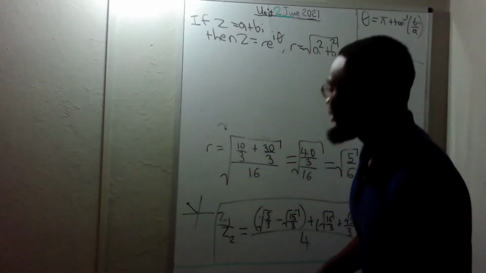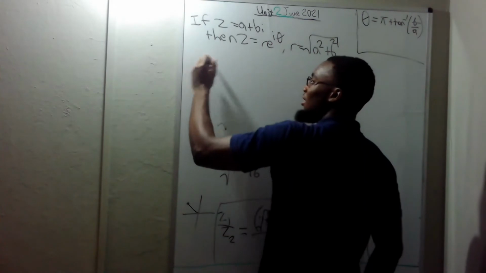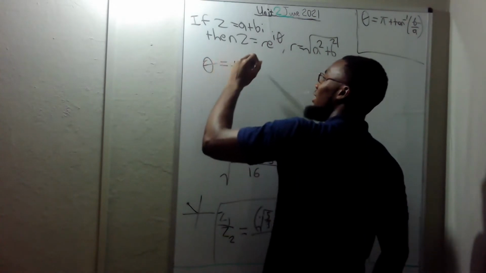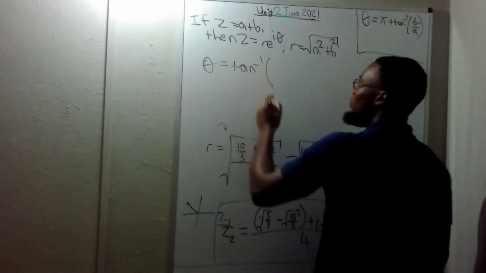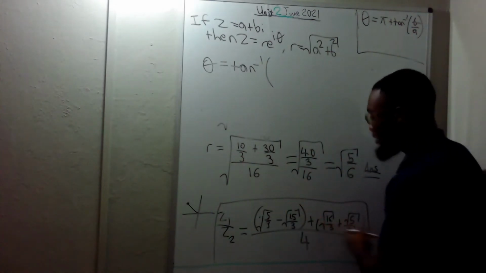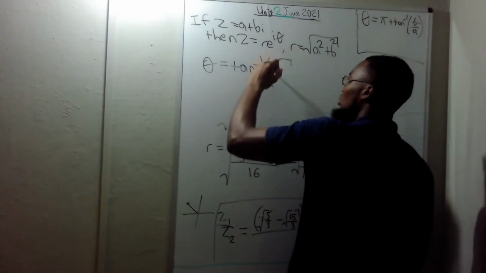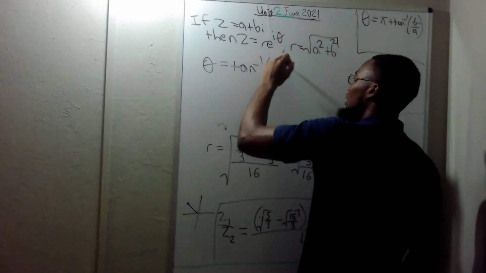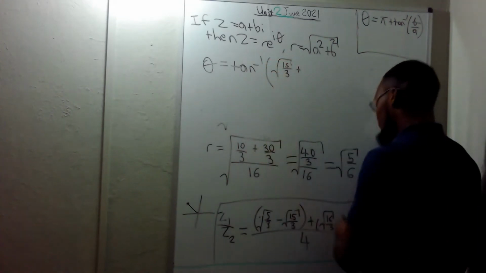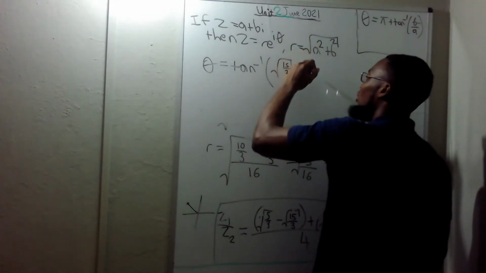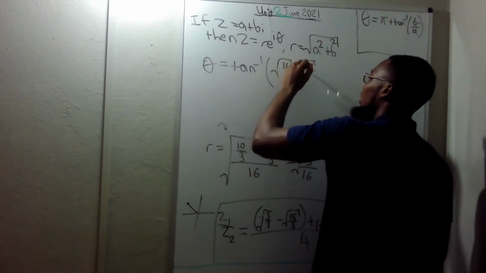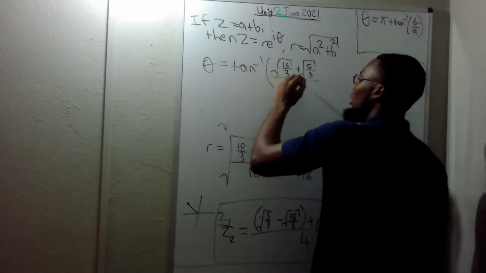Taking off that part, we end up with theta equal to tan inverse of b. B is this part, the square root of 15 over 3 plus the square root of 5 over 3, over 4.